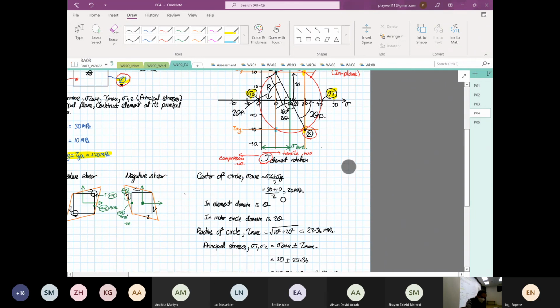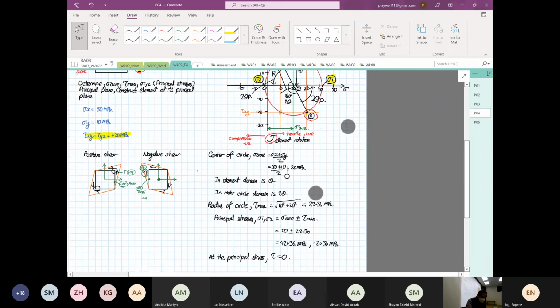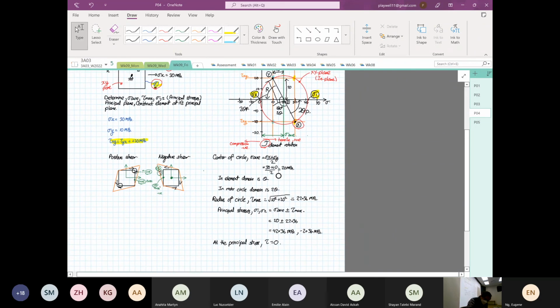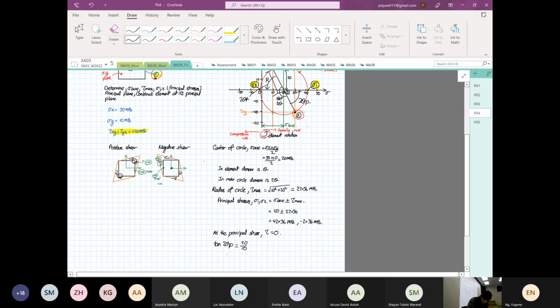So now we can find, I will zoom out, tangent of 2 theta p is equal to 20 divided by 10.